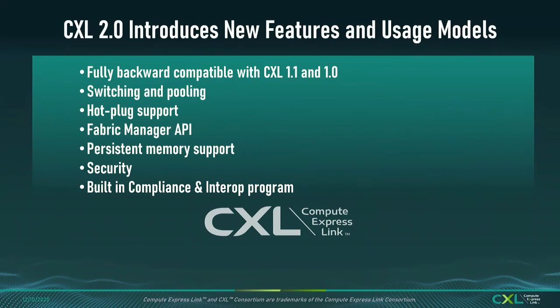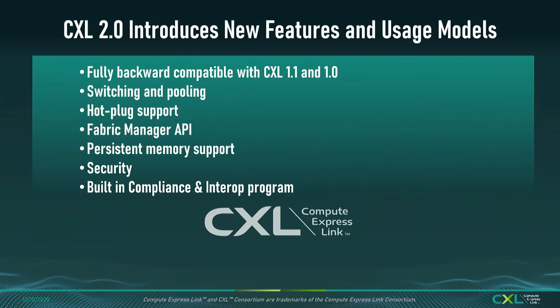We're going to spend most of our conversation today looking at all the new features and usage models coming into CXL 2.0. First, it's fully backwards compatible with CXL 1.1 and 1.0, and Devendra will walk us through a good table showing exactly all the combinations of how you can use 1.1 devices in a 2.0 environment.